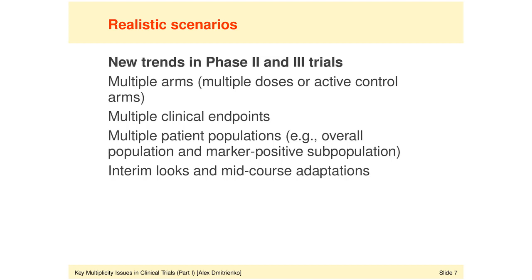In addition to that, the topic we have not discussed in this multiplicity course is the fact that interim looks and different types of mid-course adaptations are fairly common in phase 3 clinical trials. Since analytical approaches to sample size determination are not applicable in this setting, we will need to discuss an alternative set of approaches.